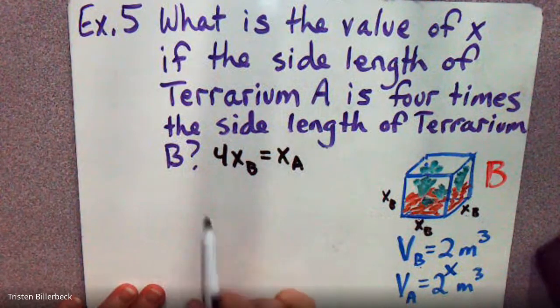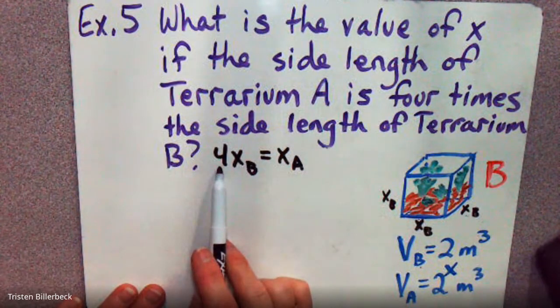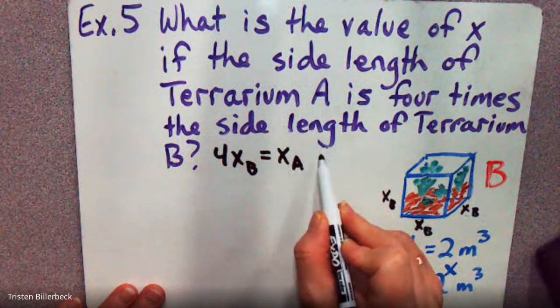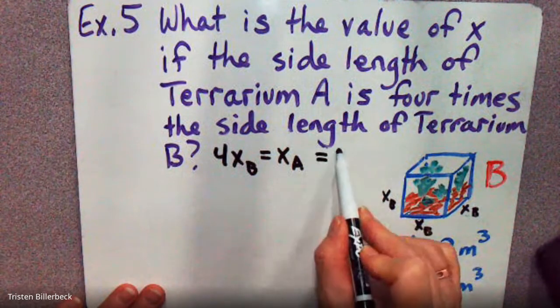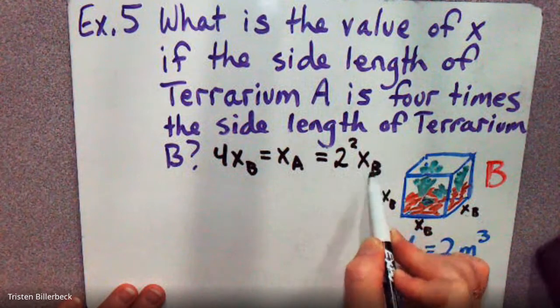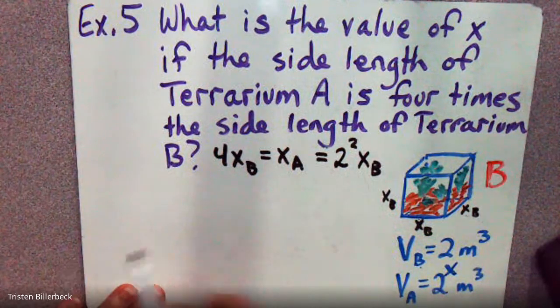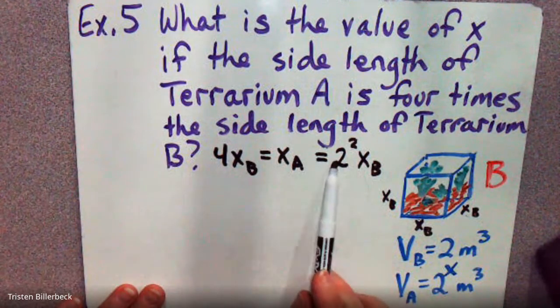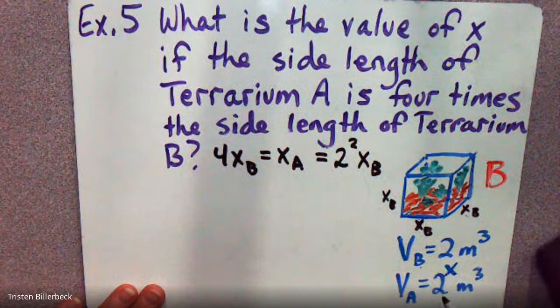Okay, but we also know that 4 can also be written as 2 squared x^b. Okay, 4 is 2 to the second. So now we have a base 2 here and a base 2 on these volumes.